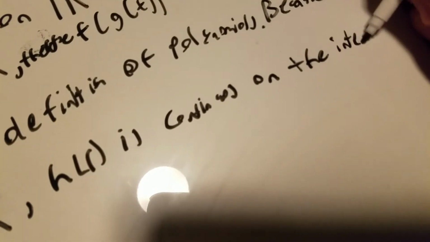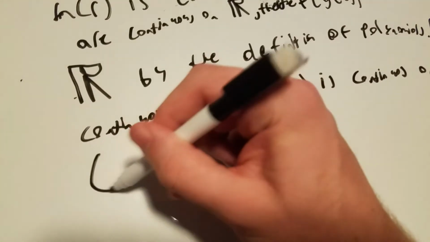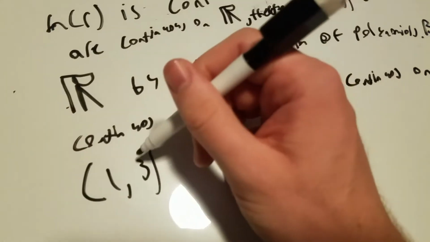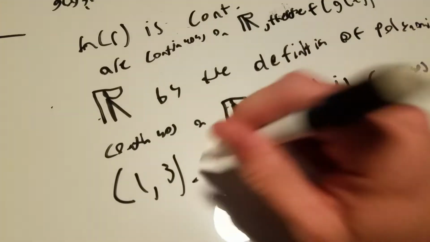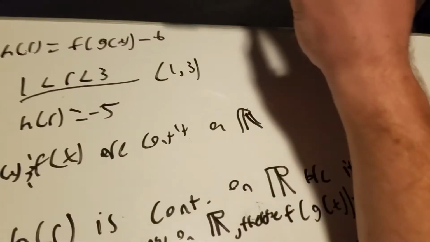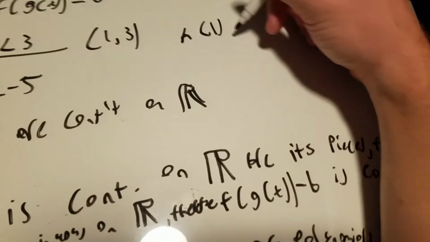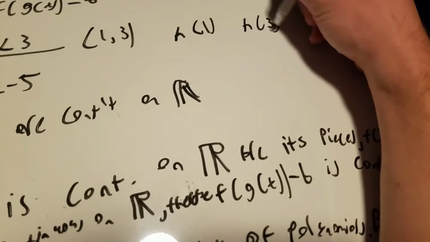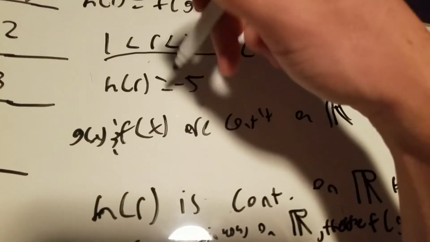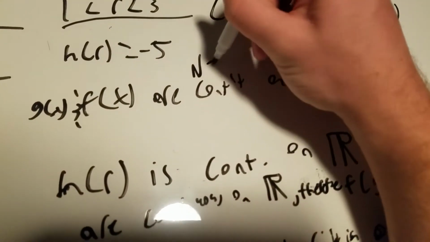I don't remember them, so this is not a formal definition and would lose points, but on the interval 1 to 3, not including 1 to 3. Now, we need to find out what h of 1 and h of 3 are, because we're trying to prove, remember, basically n is -5, and we're trying to prove that it goes to -5.